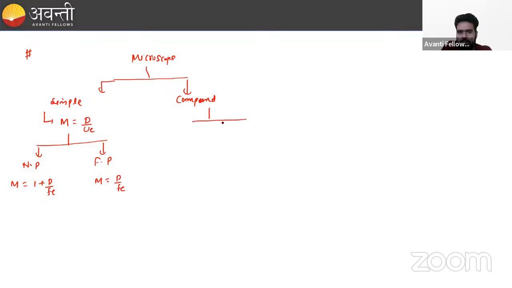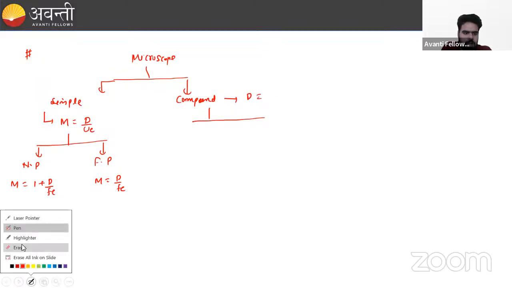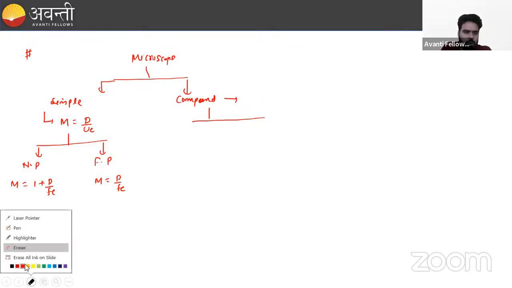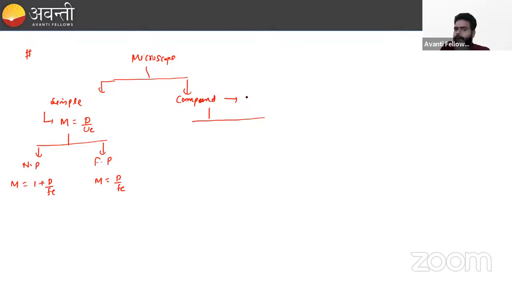If we talk about the compound microscope, what is the general formula? Here we have to remember this formula: the product of objective into simple microscope, and this will become v naught u naught, and this will become d upon uv. Again, this will become for the near point or far point.